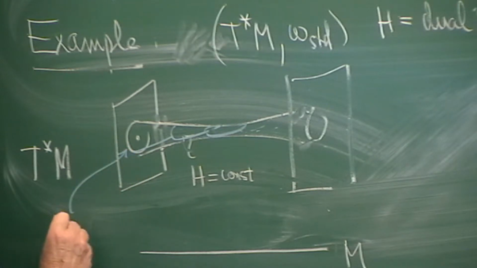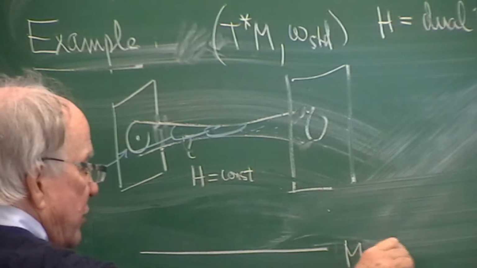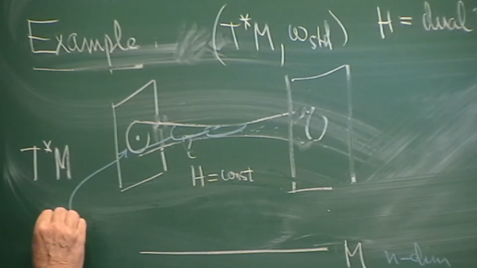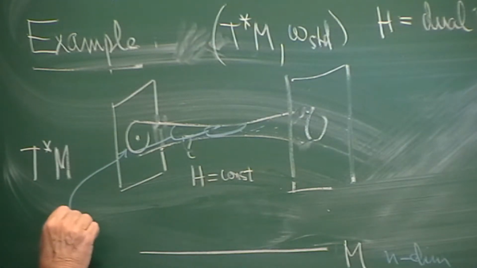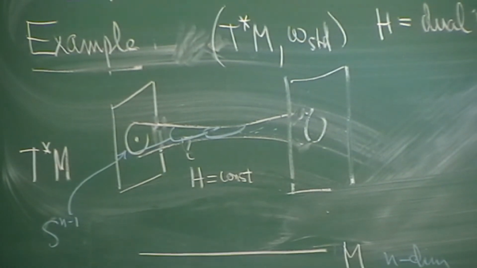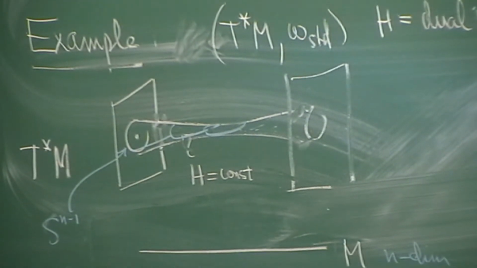If this manifold is n-dimensional, then the fiber is n-dimensional. This would be an n minus 1-dimensional sphere. So we're getting back to all these questions.